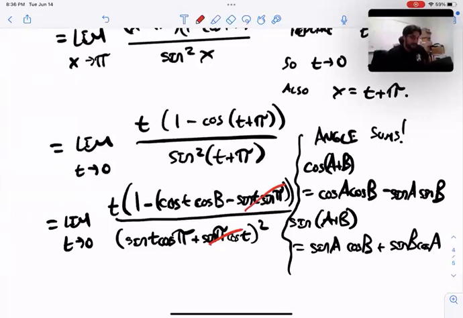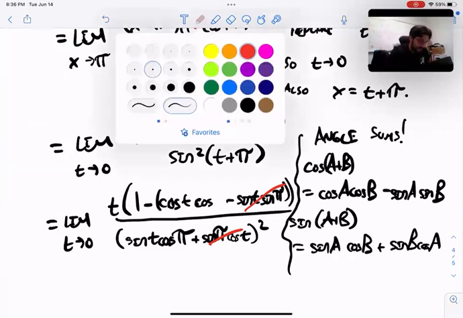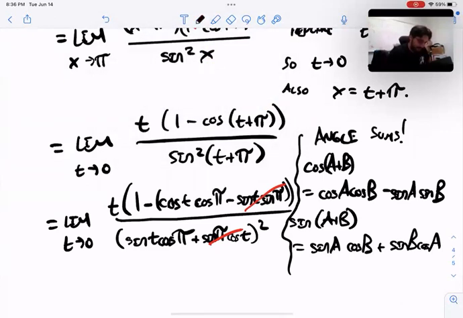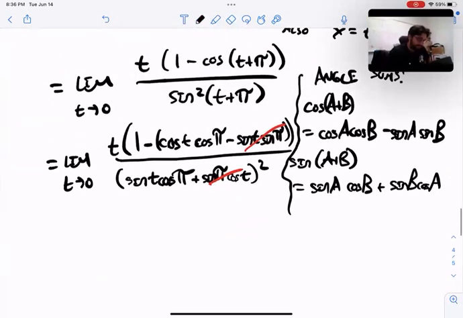Cosine of pi, this should be pi, there we go, cosine of pi is, sorry, minus 1. So I can plug those in.